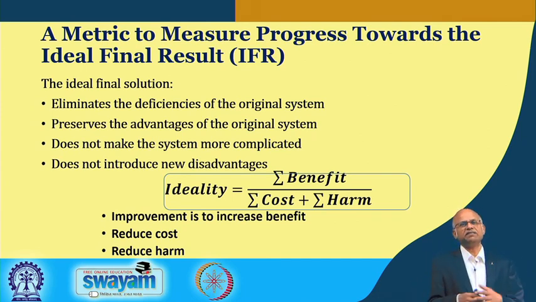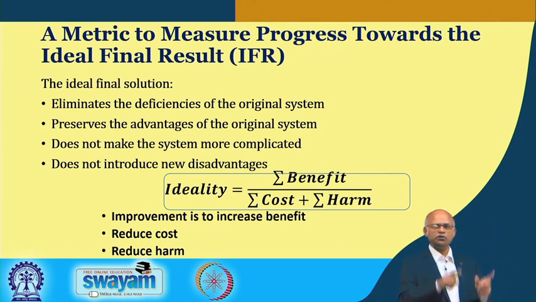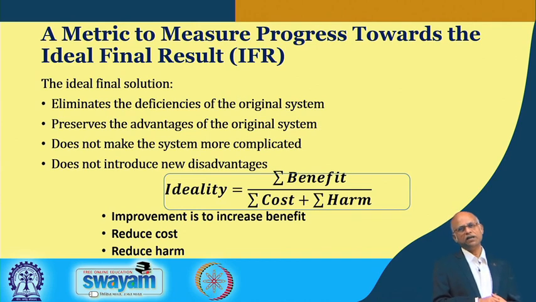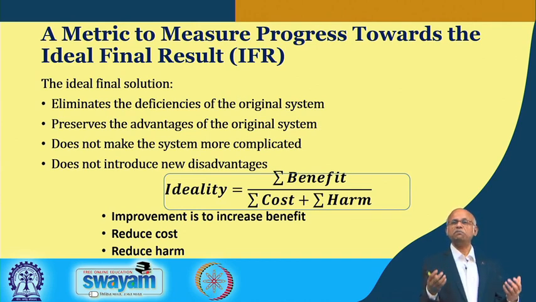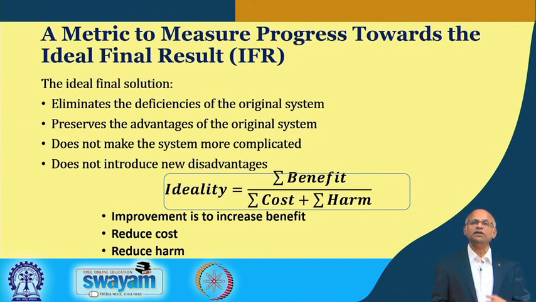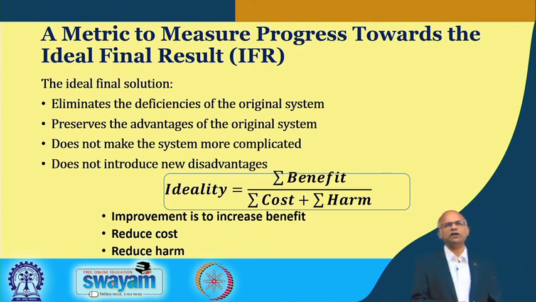Simplicity is a huge virtue, so do not sacrifice on that. You should not introduce any disadvantage. So, the formula says ideality is equal to benefit divided by cost plus harm, meaning improve the benefit, reduce the cost, reduce the harm, and that becomes a better product.